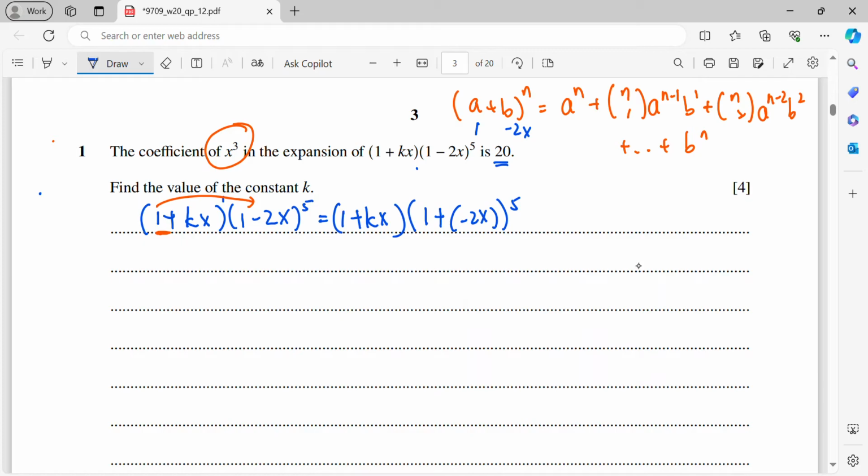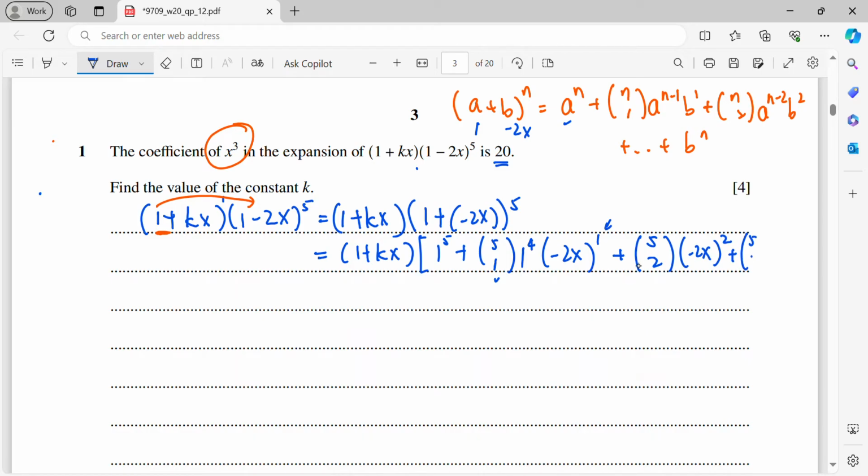Then the expansion will be (1 plus kx) multiplied with a to the degree n, which means 1 to the degree 5, plus 5C1. 1 to any degree is 1, so for the next terms I'm not going to write the 1 to the degree 4 anymore, because that is always 1. Here you should notice that when the degree for the first term decreases, the degree for the second term increases as well. Then plus 5C3 times negative 2x cubed, plus dot dot dot, because this is the full expansion.